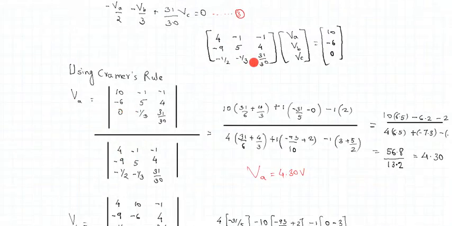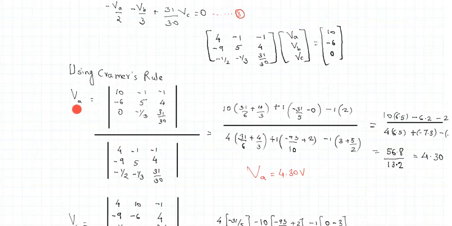This particular matrix is taken as it is in the denominator, whereas in the numerator, when we are finding the value for VA, replace the first column by the constants on the other side, which are 10, minus 6 and 0, keeping the remaining coefficients of the matrix as it is.